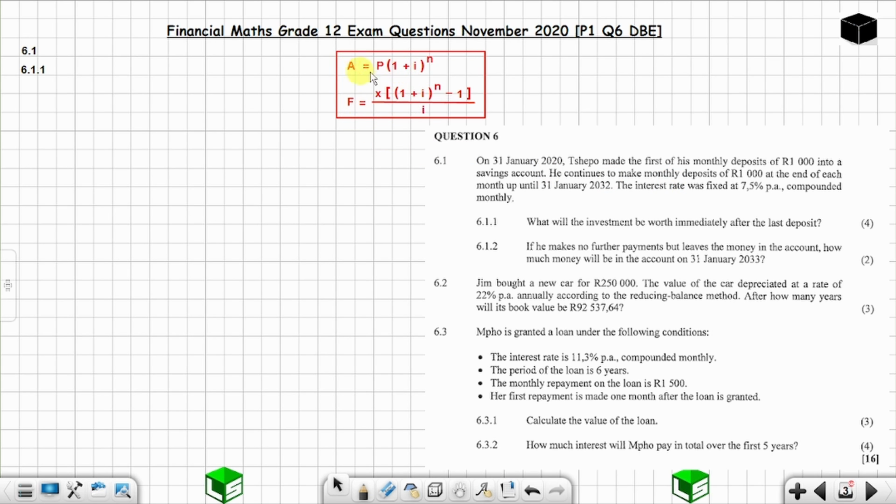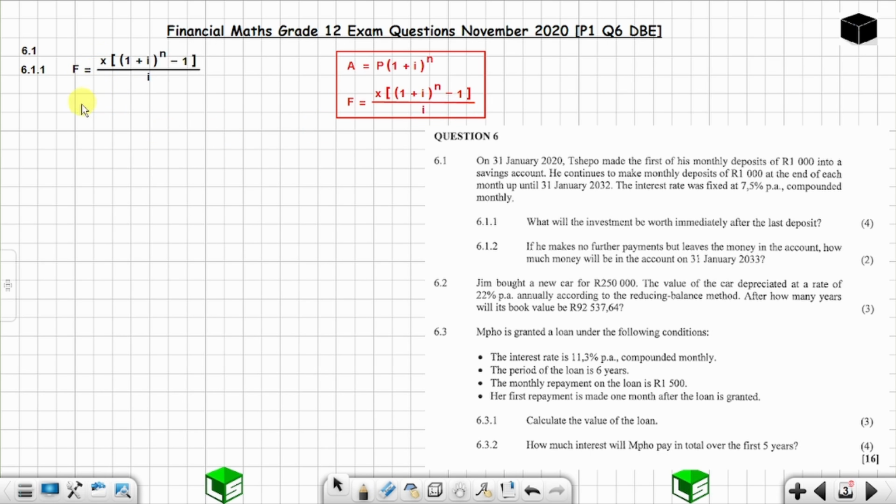You can only use the other formula if an amount is deposited once off and left to grow. Because the deposits are continuous, this is the formula to use.